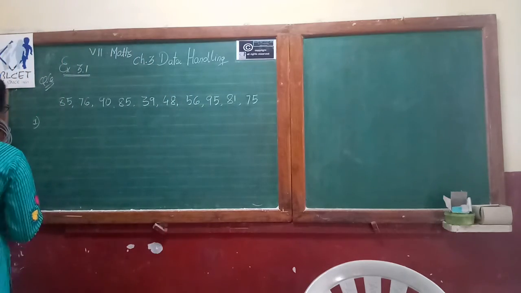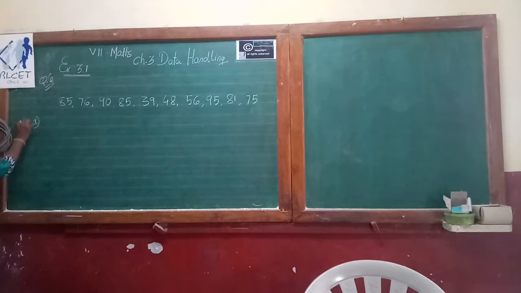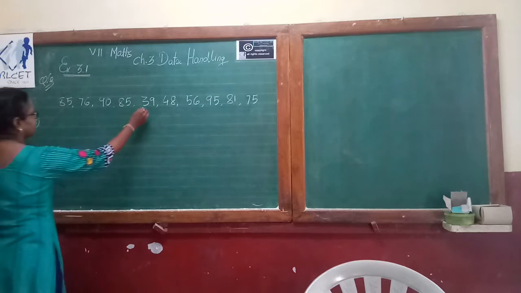So first of all, what we will do? We arrange the marks in the ascending order, means increasing order. So the lowest one we will write first. The lowest one is 39.